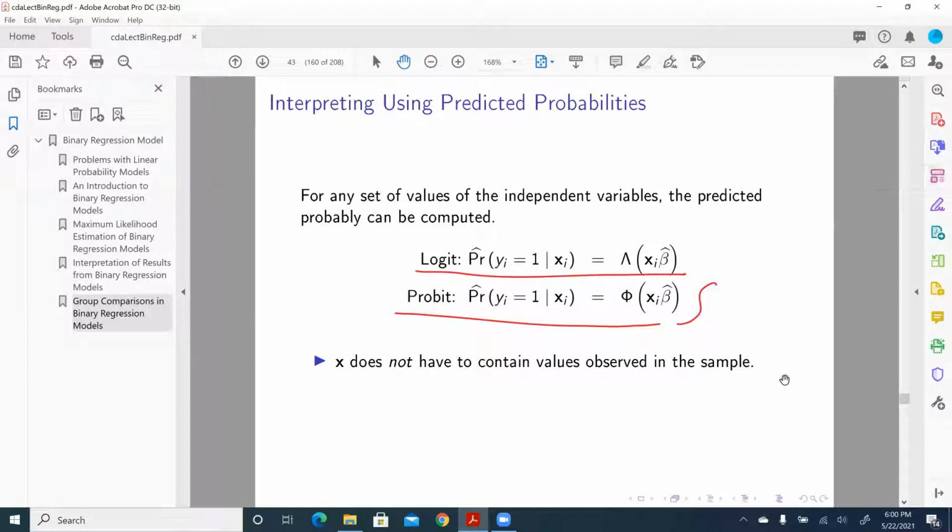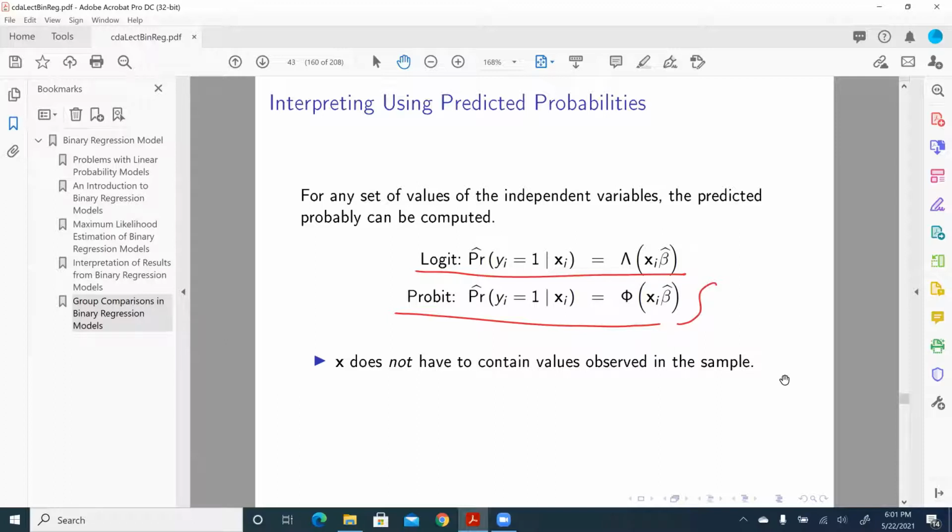And when we compute predictive probabilities, we don't have to use observed x. Sometimes we can use hypothetical values for x. So let's say we're interested in the predictive probability of labor force participation for a 35-year-old female with 10 years of education, and we don't have that case in our sample.